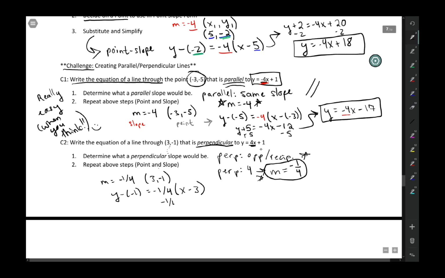Distribute. Run out of space, sorry. And then y equals, we subtract 1, and you subtract 1, -1/4 x minus 1/4.